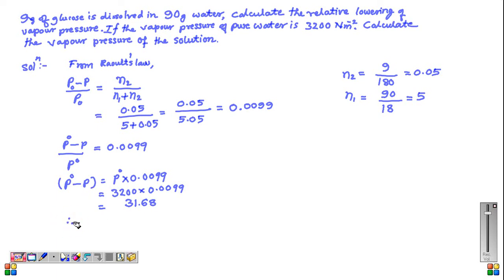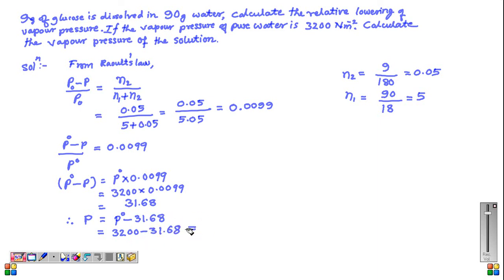Therefore P, the vapor pressure of the solution that we want, is equal to P naught minus 31.68. This is equal to P naught, 3200, minus 31.68.